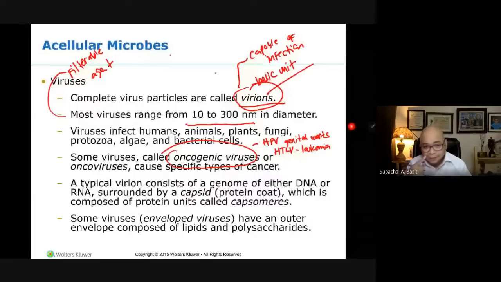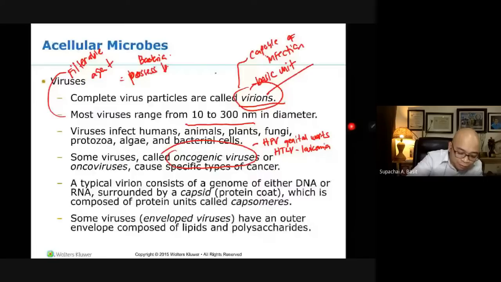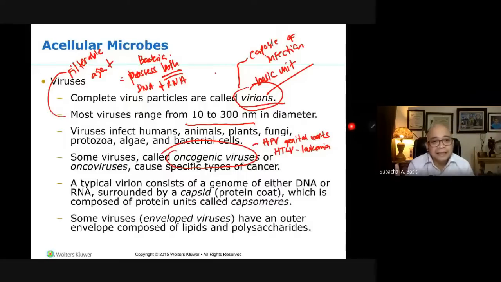A typical virion consists of either DNA or RNA. Bacteria possess both DNA and RNA. That's a typical characteristic of bacteria. But viruses will possess only one type of nucleic acid.